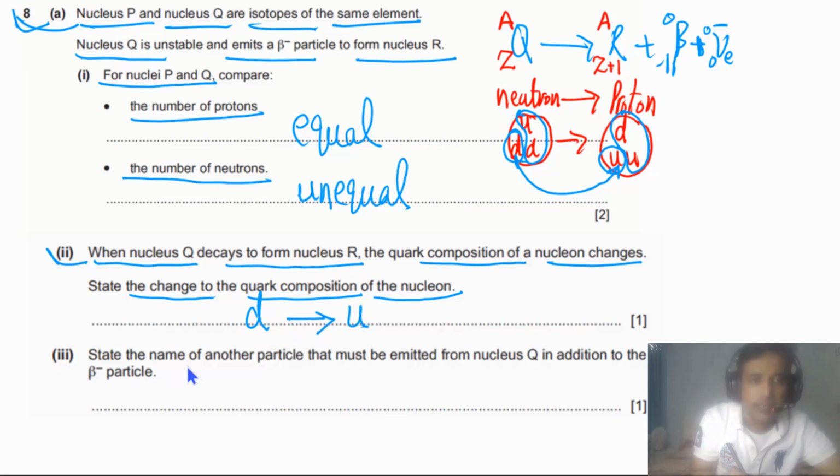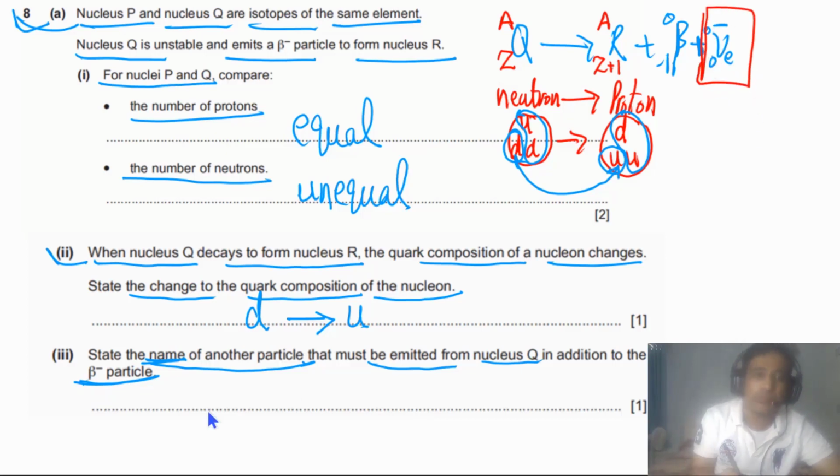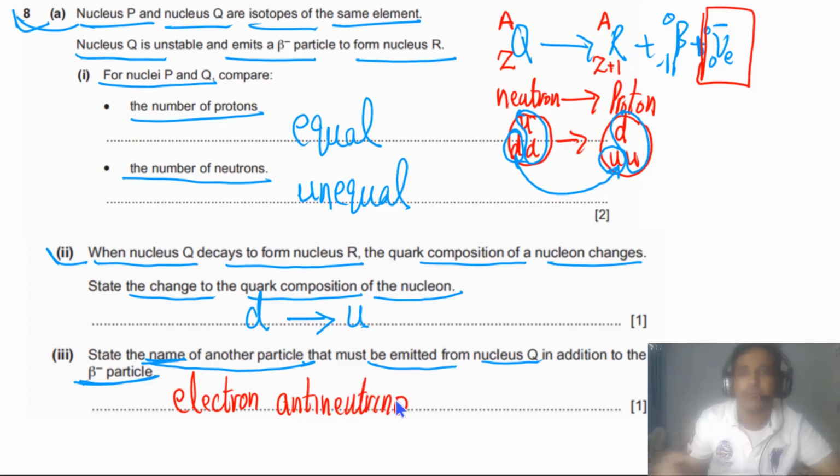And for the last part, we need to state the name of another particle, not the number, that must be emitted from nucleus Q in addition to the beta minus particle, and that particle is the electron anti-neutrino. So simply we can say another particle is electron anti-neutrino. So if you write on these points, you will get 4 marks for this part of the question.